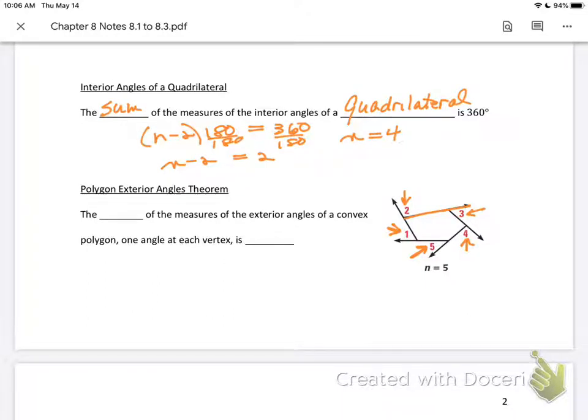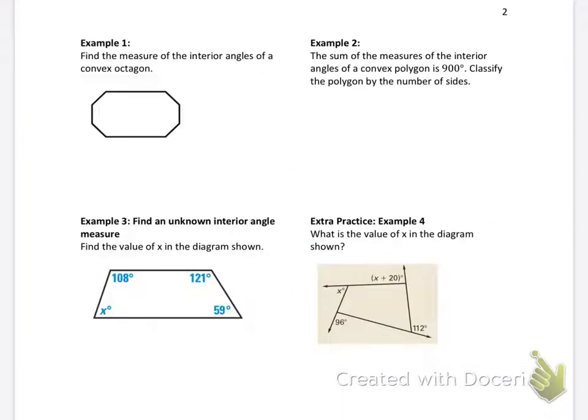Because if you were to add up all of those exterior outside angles, you're going to find that you get a sum of 360 degrees. And that's why I said, think about this as going around a circle, because the circle has 360 degrees. Okay, moving on to the next slide.